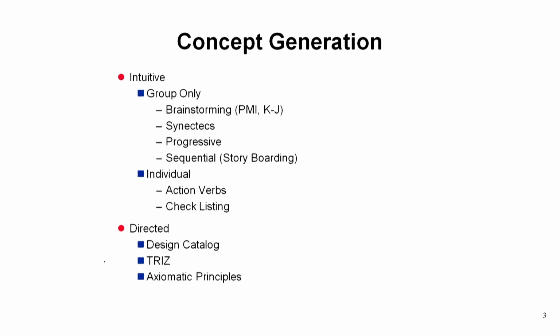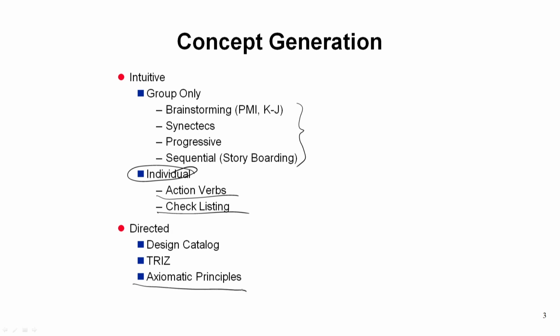So, let us look into the concept selection time. What is it that will be bothering us? One important thing in the concept generation part I told you is how you are generating the concept, whether you are doing it as an individual, then people use action verbs, checklisting, etc. In a group, people use techniques called brainstorming, synectics, progressive or sequential, storyboarding, etc. But we have done a more directed way of doing it.